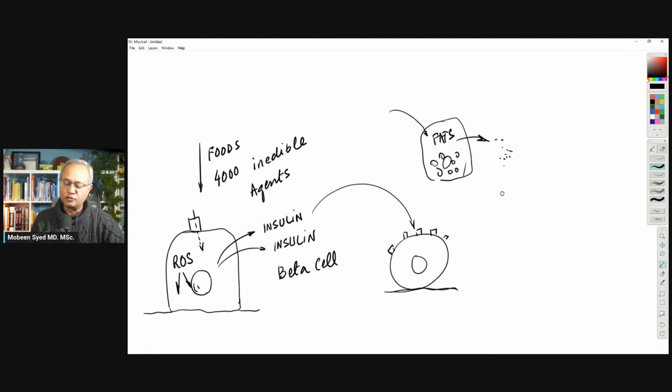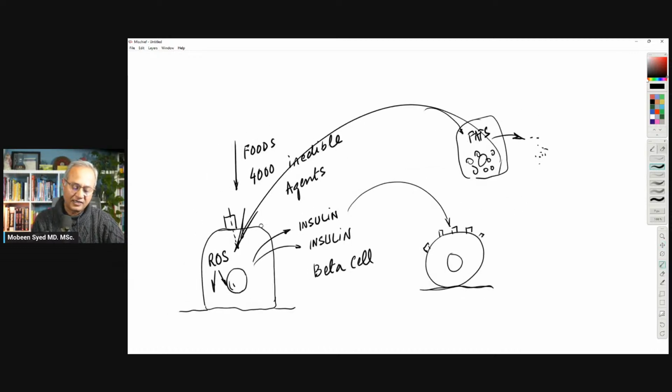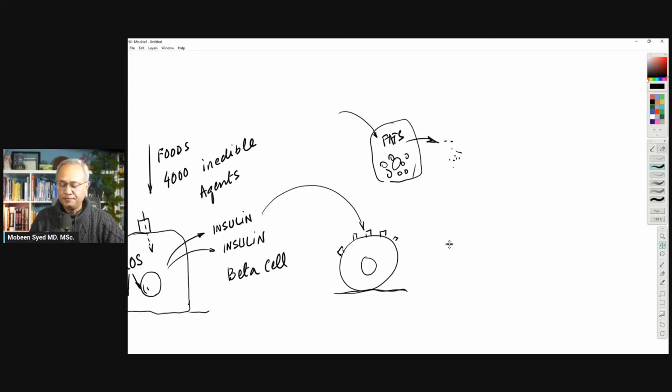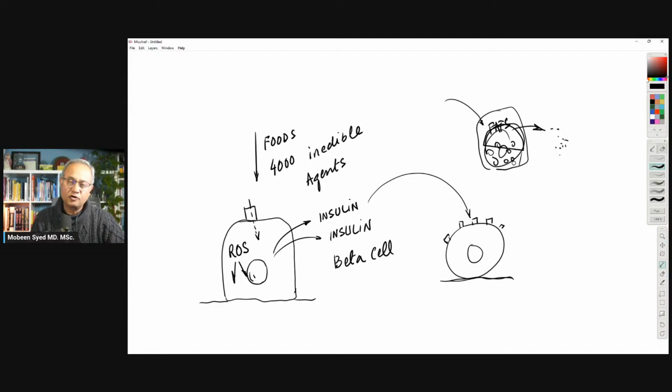Then these cells would go to the pancreas and fatty pancreas would develop. These cells would go and get stored in various fat tissues as well, and the weight gain would occur. These fats would then cause insulin resistance as well. So now there is a person who has hyperinsulinemia, who is gaining weight, who has become insulin resistant.